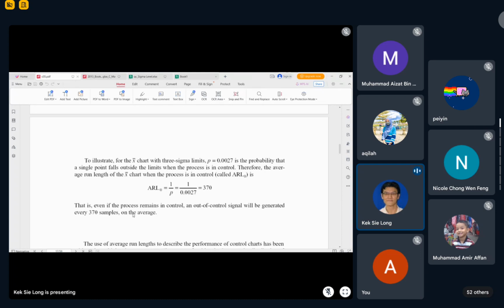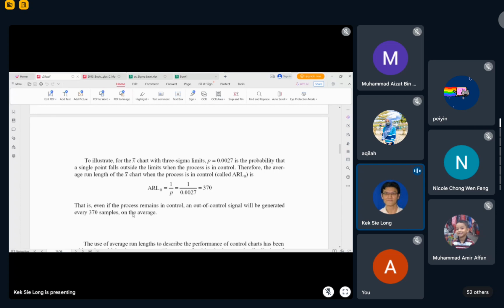But from the ARL calculation, we can calculate. This is just a suggested number of samples to get an out of control signal. It does not mean that we have to collect exactly 370 samples to get one out of control signal.